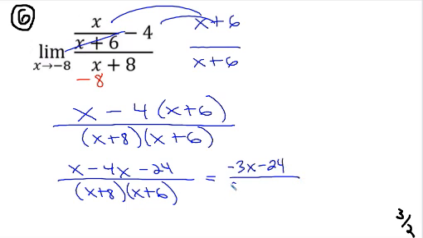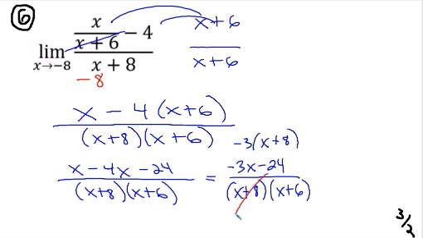And I'll tell you what I'm looking for. I'm looking for a way to get rid of that x plus 8 in the bottom. Because the x plus 8 is the problem. And do you see that it's going to go away? If I pull out a negative 3, don't I have an x plus 8 there? And yay for us, we have gotten rid of the x plus 8 that is the problem. All right?